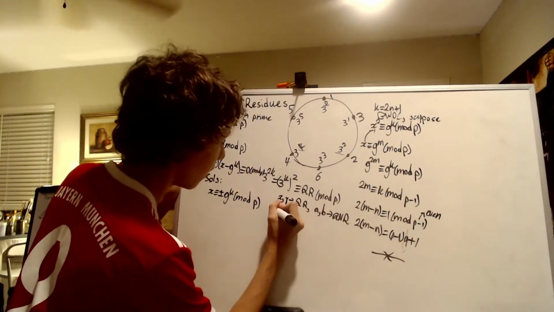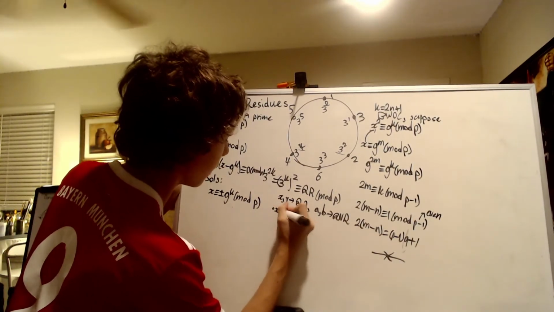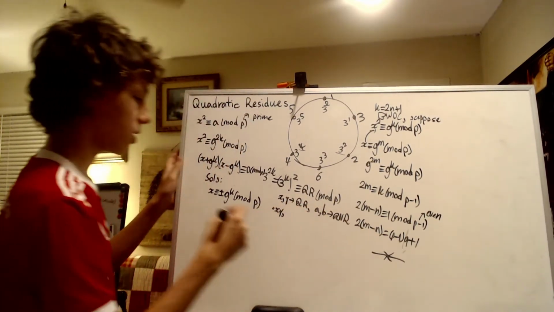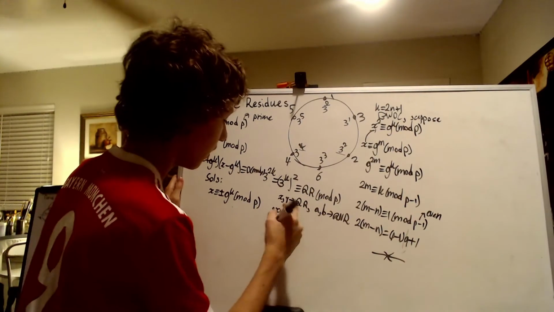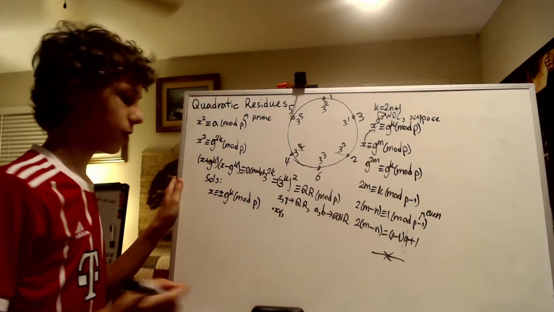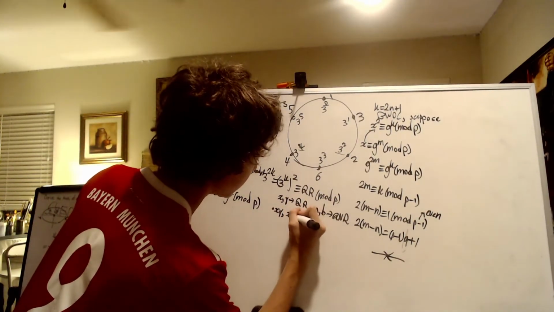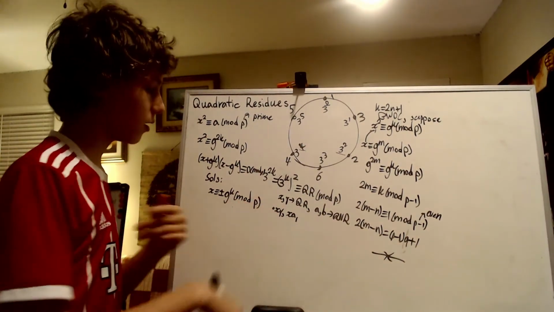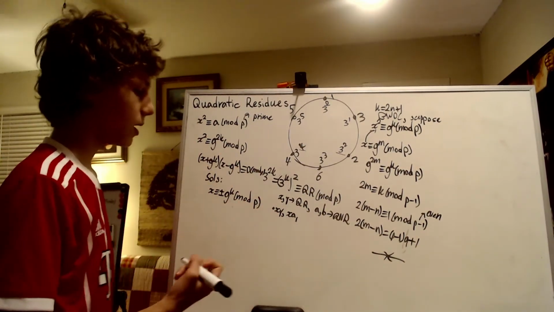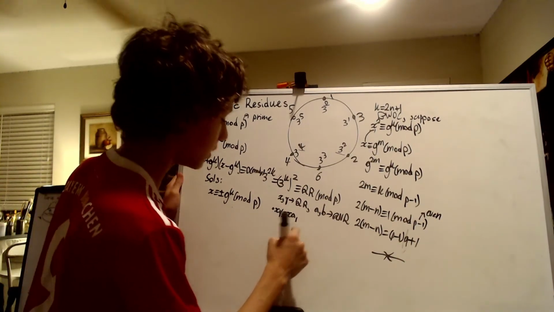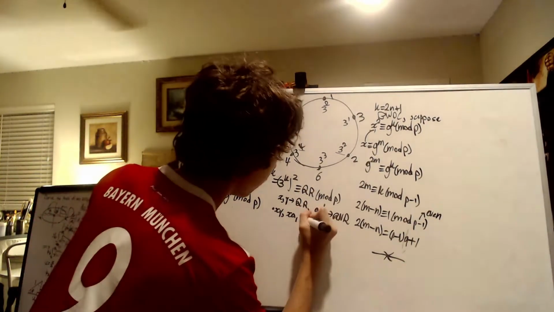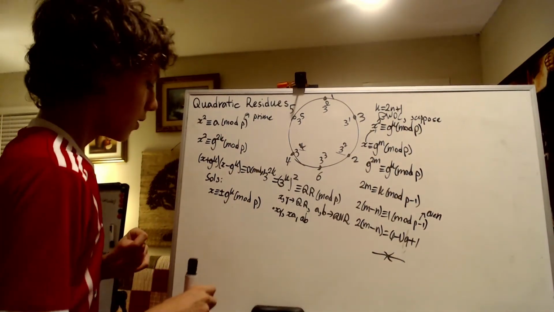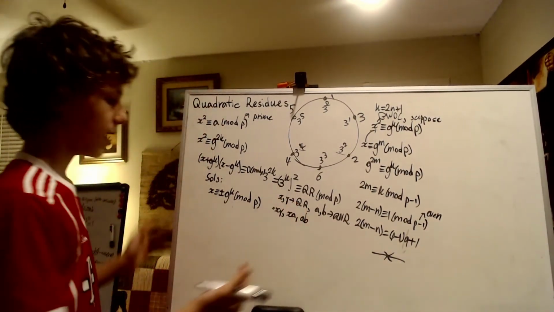I want us to figure out whether xy is a quadratic residue or quadratic non-residue, whether xa, and this is analogous, it could be ya, xb, or yb, is a quadratic non-residue or quadratic residue, and whether ab is a quadratic residue or quadratic non-residue. So let's just analyze these.